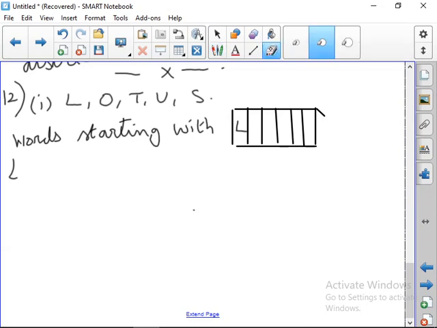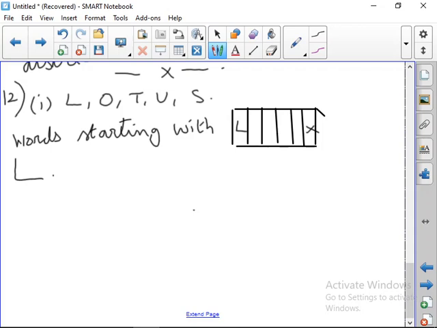So words starting with L, how many words can be framed? There are 6 letters totally. Sorry, not 6, 5 letters. Okay, I have made 6 columns, I think. 1, 2, 3, 4, 5. So the last one is not there.